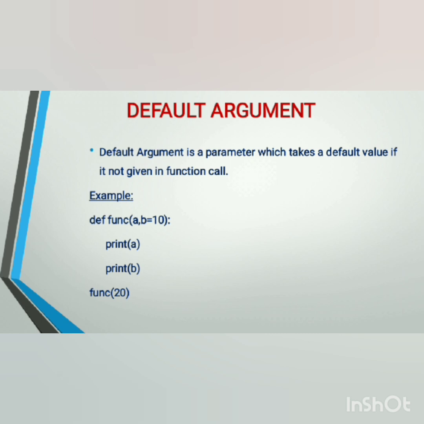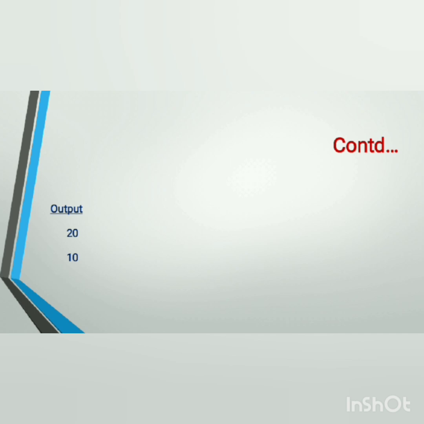Then b is not given any value in the function call, so by default it will take the value present in the parameter, so b equals 10. This concept is called default argument. Now within the function definition it will print the a value and b value. What will be the output? a carries 20, so 20 will be displayed. In the next line b is displayed, and b carries 10, so 10 will be displayed. So 20 10 will be the output.